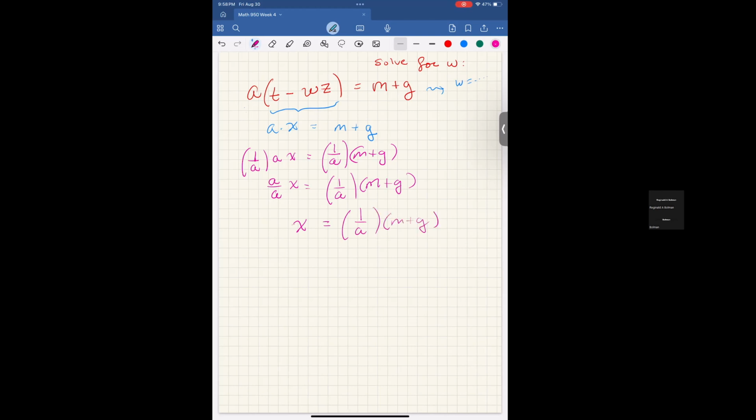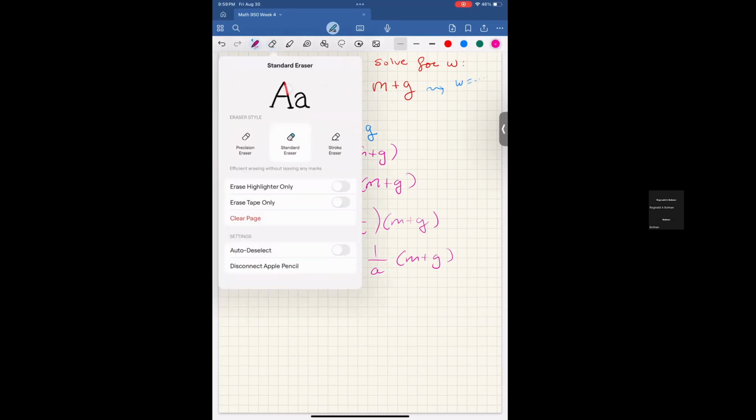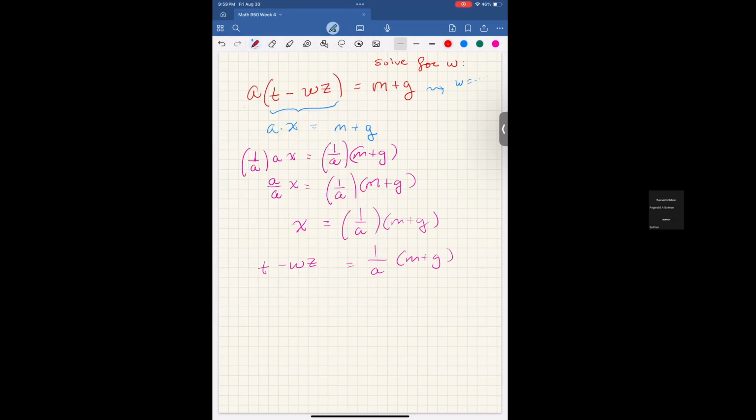But now at this point, we know that x was the same thing as the t minus wz. And so now we can remove the parentheses from around our t minus wz, because at this point, we can start operating on either the wz or the t term. And in fact, maybe I'll go ahead and get rid of t.